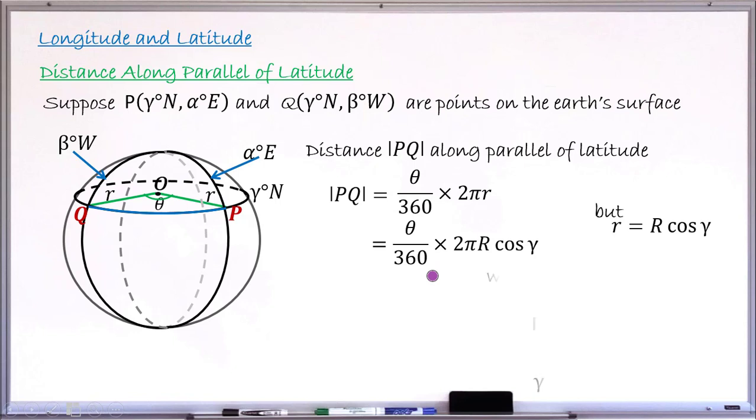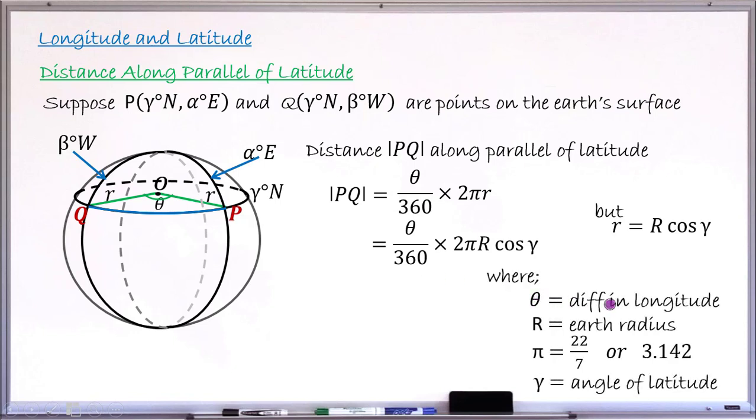Here theta is the difference in their longitude, and R, like I've said, is the earth's radius. Pi is usually given in the question, either 22 over 7 or 3.142, and gamma is the angle of that common latitude. So this is what we shall be using to find the distance between the 2 points along a parallel of latitude. Let's take examples.